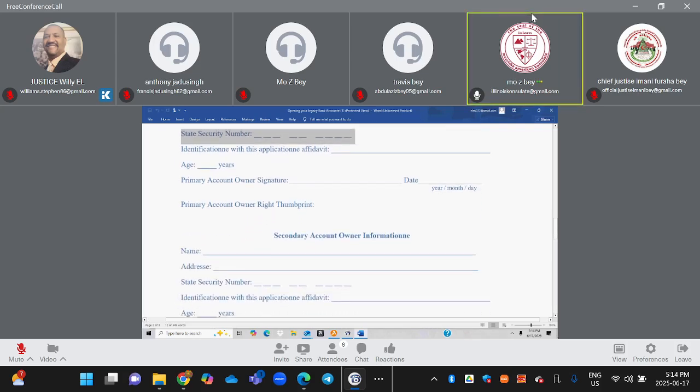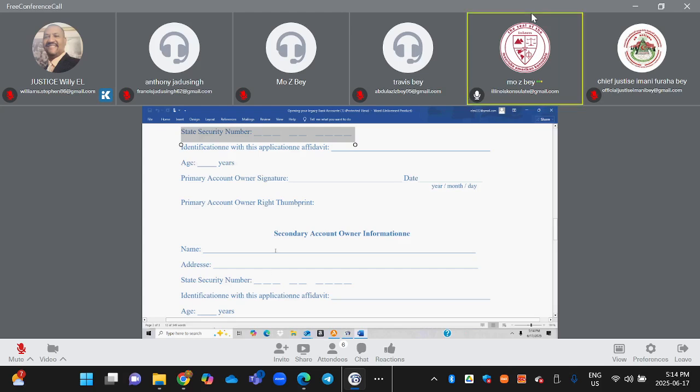And so we move down to the age. Primary account owner signature would be here in blue.